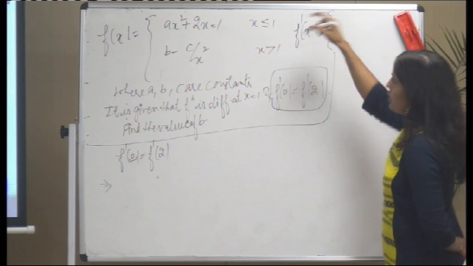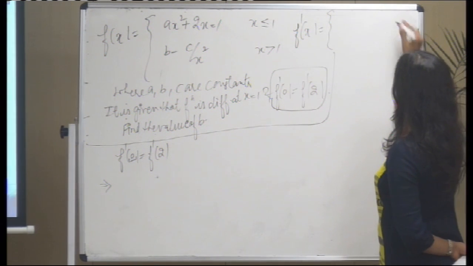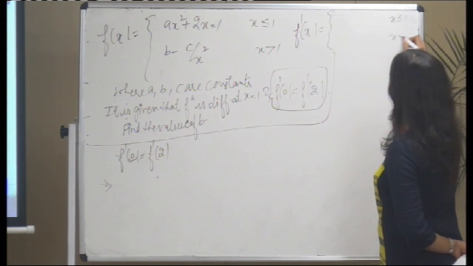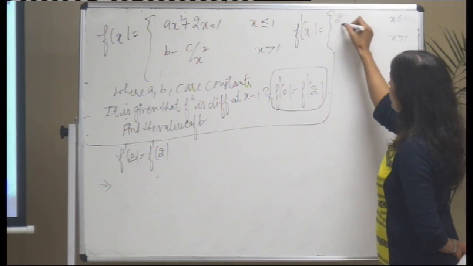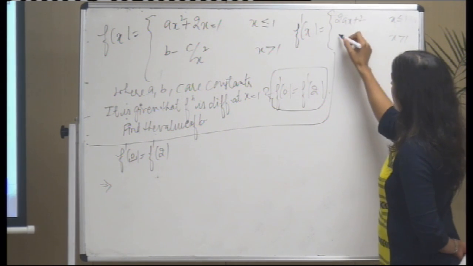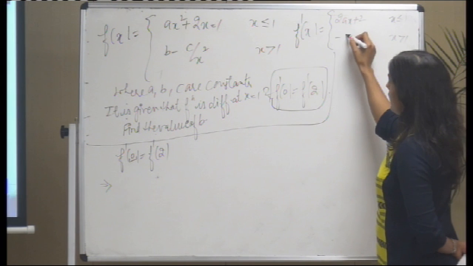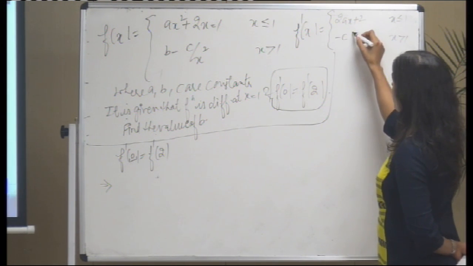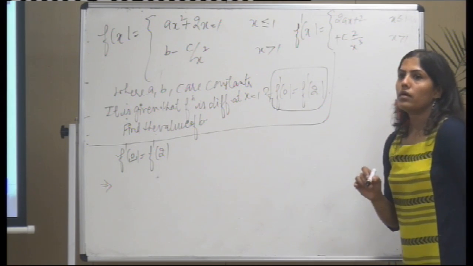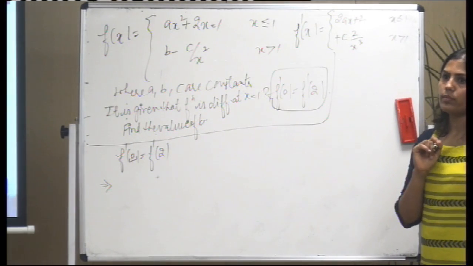The derivative will be 2ax + 2, and for the other part, minus c times the derivative of 1 upon x², which is minus 2 by x³.